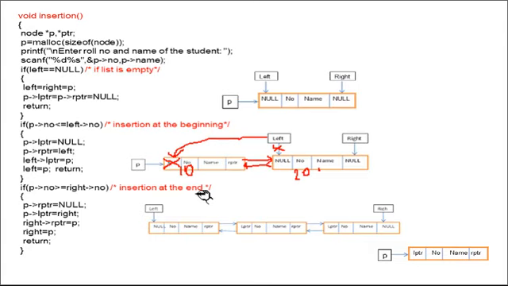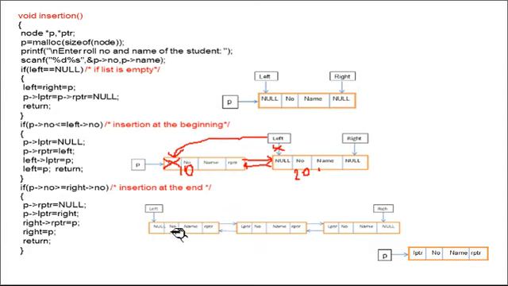So how to insert one new node in the last position? If P number is greater than or equal to right number, so this is the new node, and this is the already existing double linked list. The double linked list contains 3 nodes.